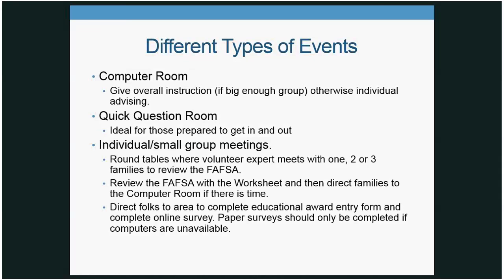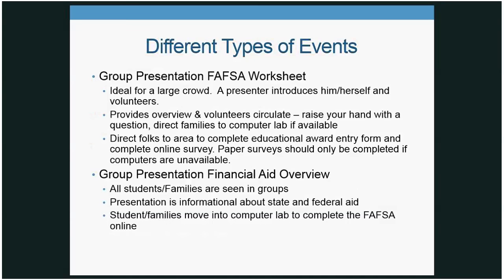So we're going to talk about that educational award. Sometimes schools will have the FAFSA completion in one part, and they may have their families transition to another section to do the online survey and to complete the educational awards. Some others might be a group presentation for the FAFSA. So you start out with a group presentation.